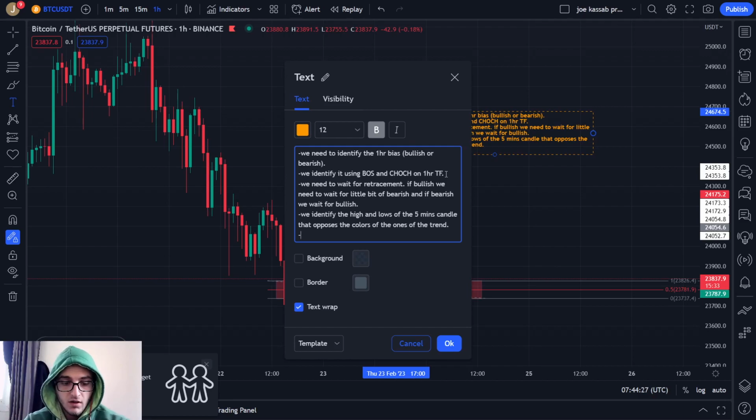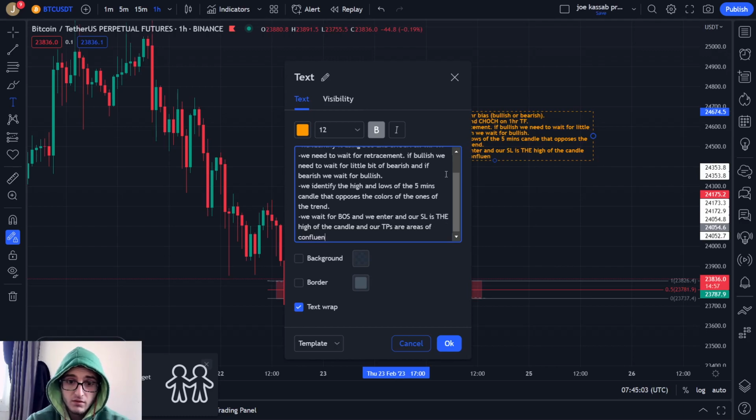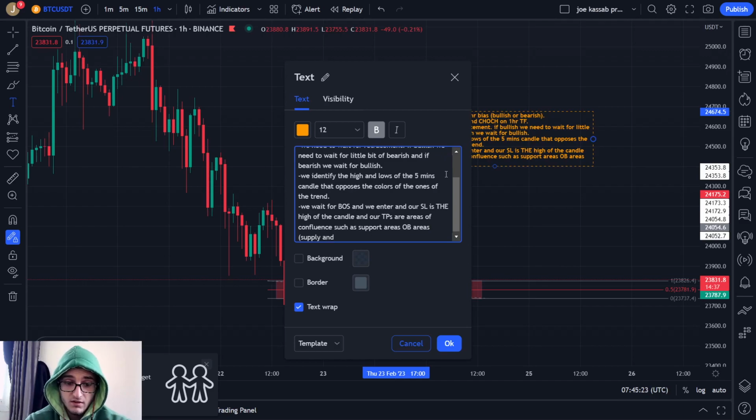Okay, and we wait for break of structure and we enter. Then we wait for BOS and we enter, and our stop loss is the high of the candle, and our TP are areas of confluence, such as support areas, OB, will be areas like supply and demand.